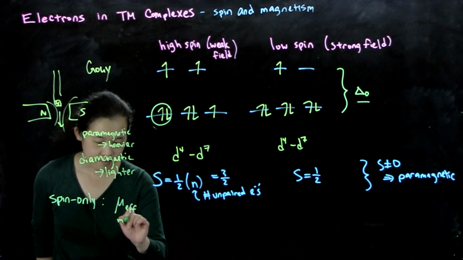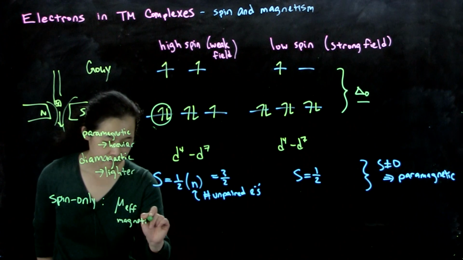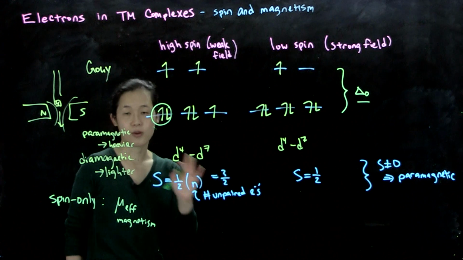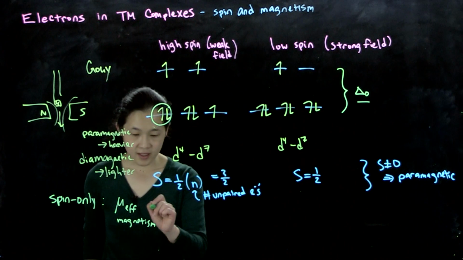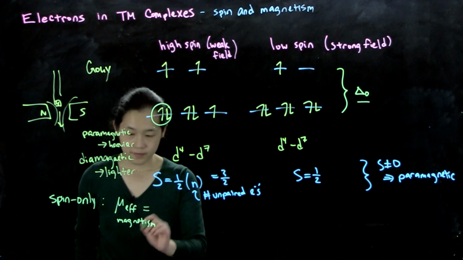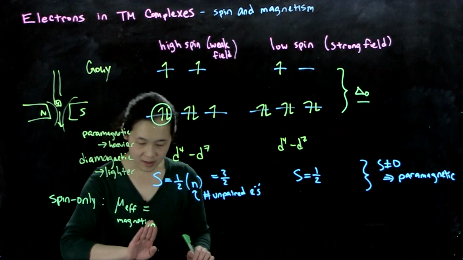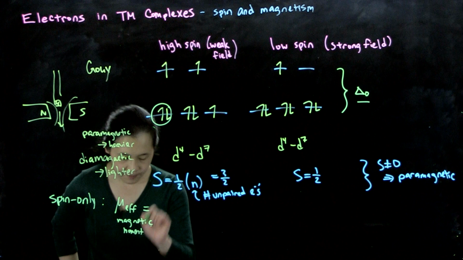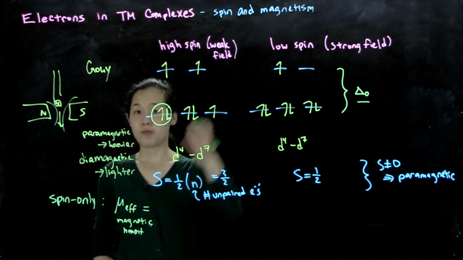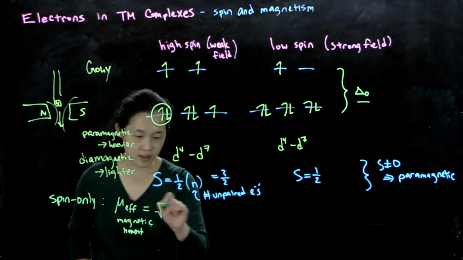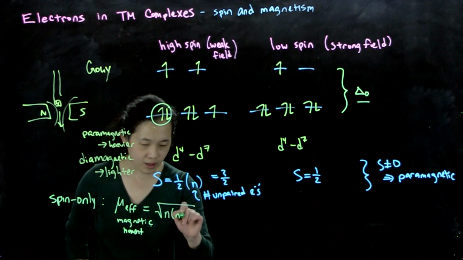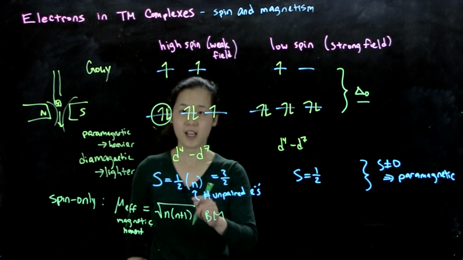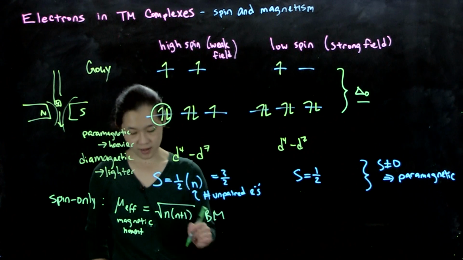This is magnetism. And for a spin-only effect, if we're discounting orbital effects, which we're not going to go into in this class, our magnetic moment is going to be related to the number of unpaired electrons. So it's actually the square root of n times n plus 1 Bohr magneton, where n is the number of unpaired electrons here.